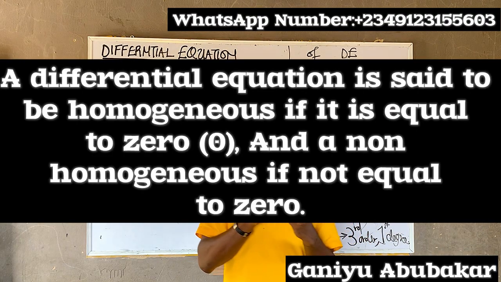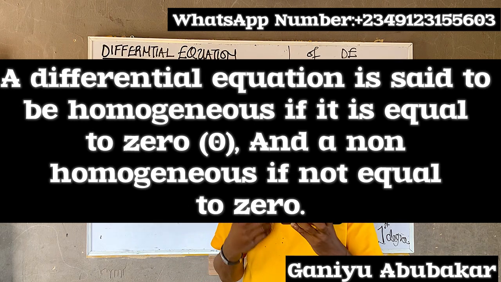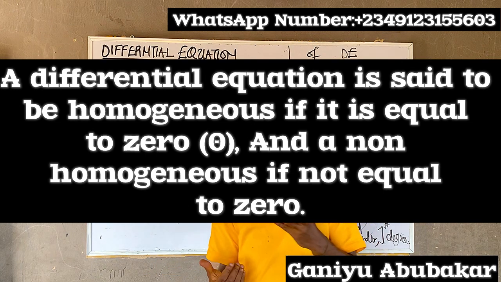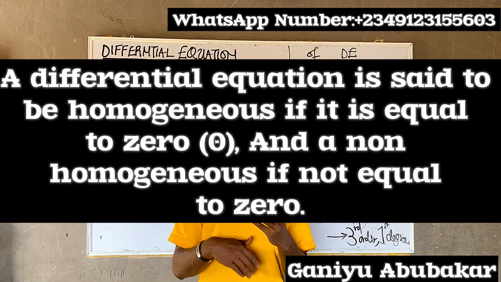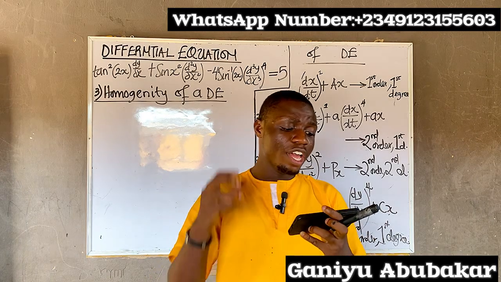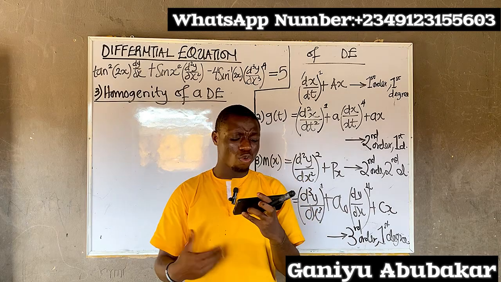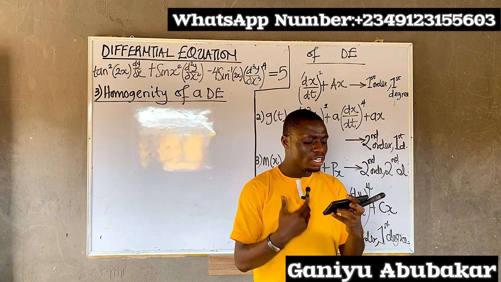A differential equation is said to be homogeneous if the equation is equal to 0, and non-homogeneous if not equated to 0.